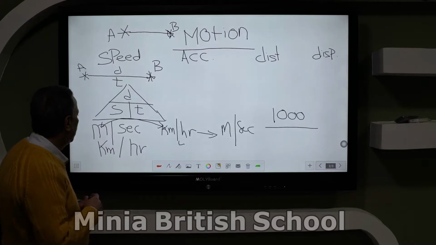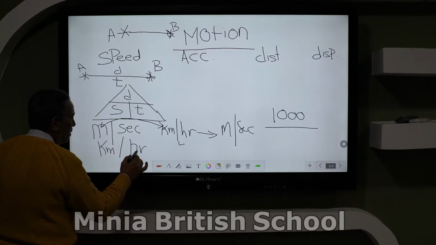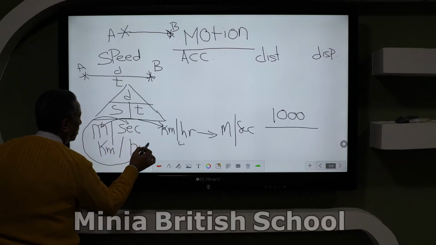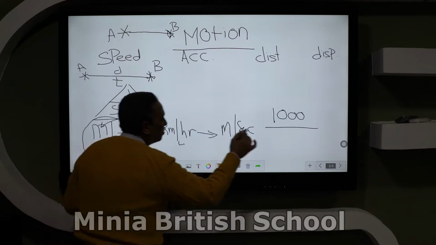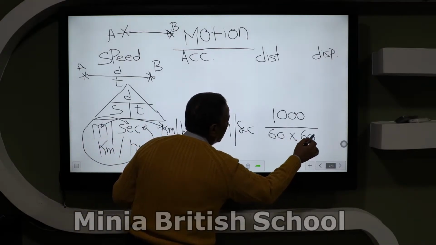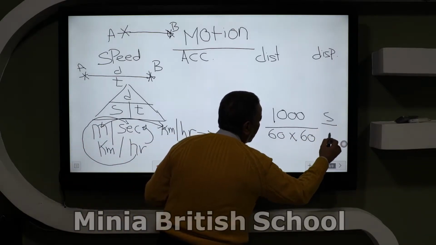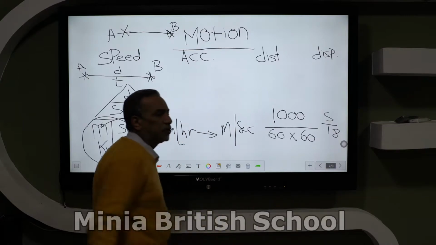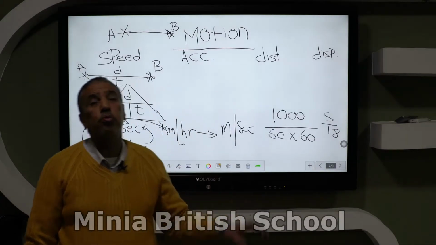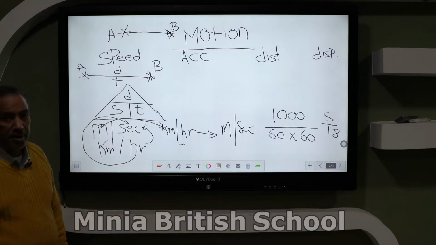The second one is per the unit of hour, so I change from hour into seconds, which means 60 times 60. Or you can multiply directly by 5/18. This is when you change from a big unit to a small unit, from kilometer per hour into meter per second.